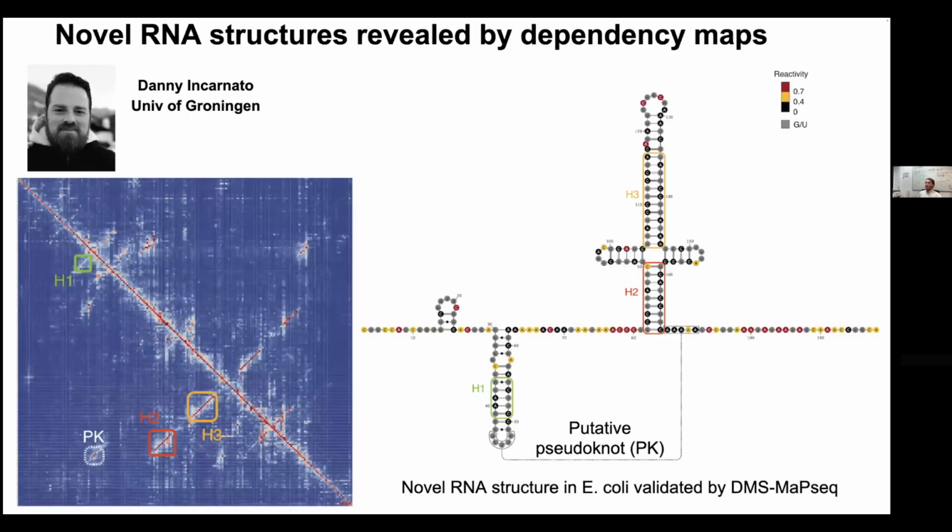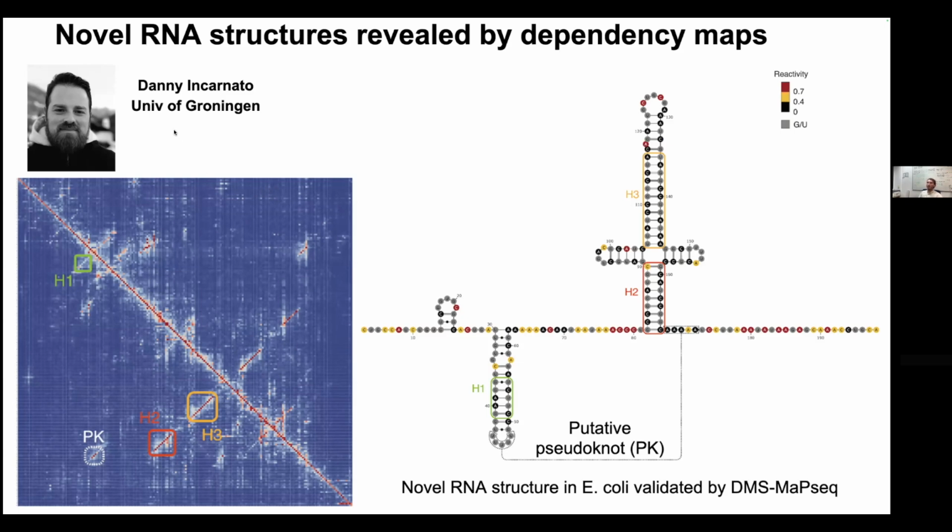And all of these results were on known structures, and they were already quite impressive. So we thought that perhaps we could find some novel structures that were not able to be found by classical methods. So we scanned the genome of E. coli for anti-parallel dependencies that were in regions that were not annotated as being a structure.